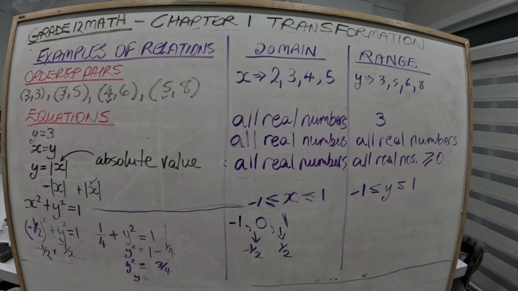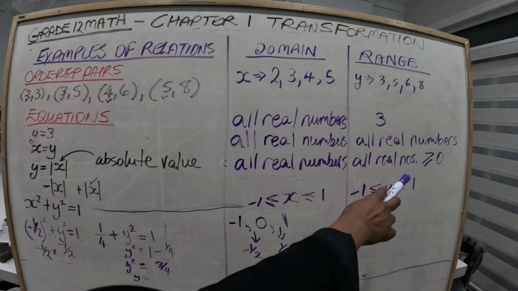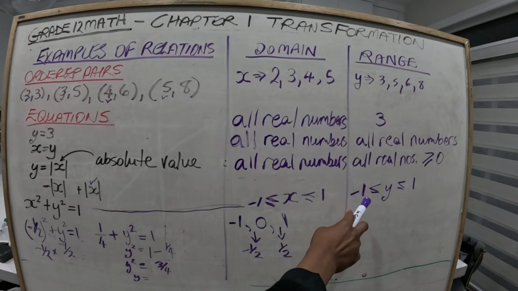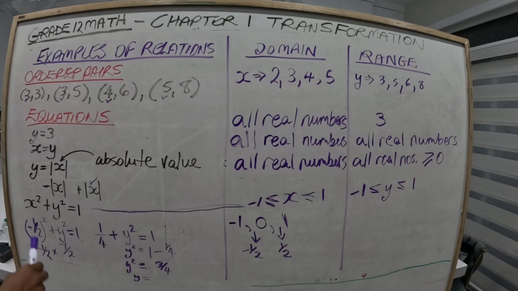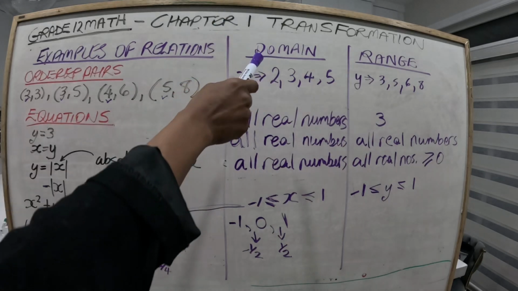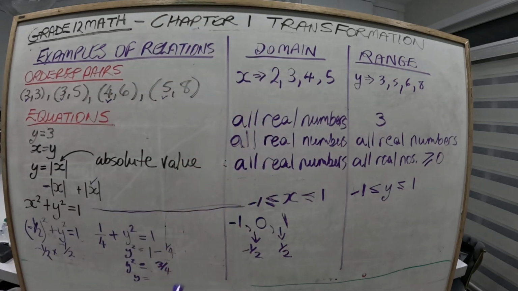And the reason why that's the range is because when you solve for y, when you input x, you're always going to get a number less than or equal to 1, and you're always going to get a number greater than or equal to -1. And that's the reason. Okay, because remember, the domain is the independent variable and the range is the dependent variable.